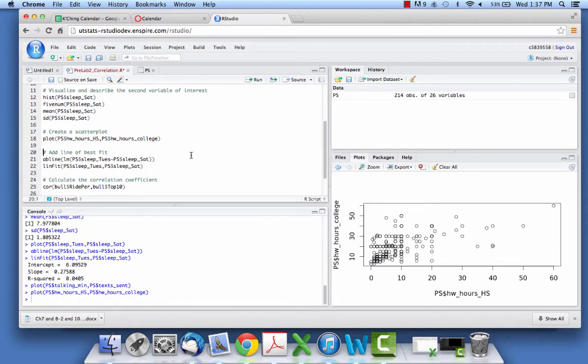Ah, that looks linear. Okay, so let's use that one. Or not linear, but, you know, approximately linear.